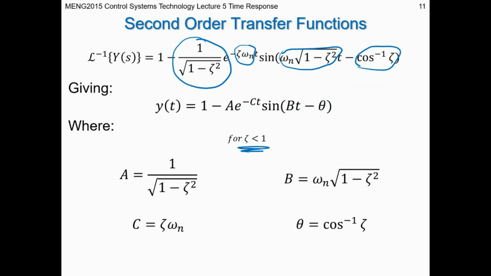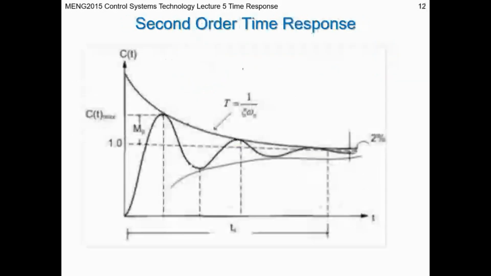These give us a hint as to how we can analyze certain characteristics of our second order response. And this is a typical second order response, and the important one, the blue line, is really our output c(t).